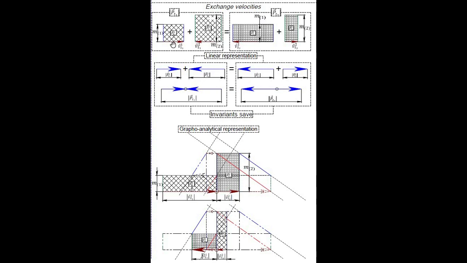Here appears the question: what are the velocities after transformation, or what are the velocities in the second moment of time? At first I can build the linear representation where invariance is saved and see the direction. However, it doesn't give the invariant of velocities.